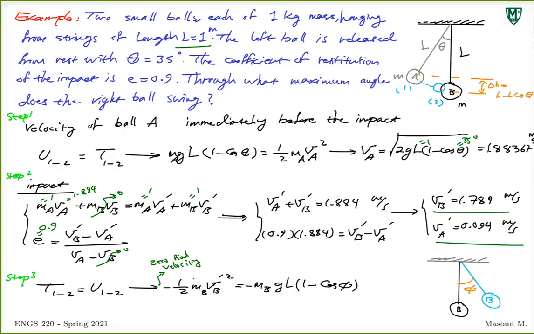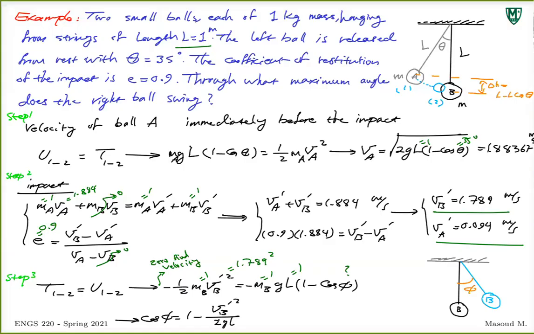So we know MB is 1 kilogram. We know VB prime, we found it. So it's going to be 1.789 squared. MB is 1 kilogram. We know GL is 1. The only unknown is phi. So from there you can actually find phi. Cosine phi would be, if I move things around and divide, 1 minus VB prime squared over 2GL, right?